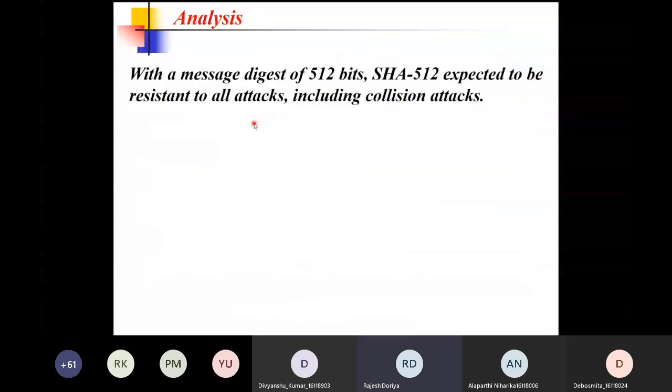So if we try to wrap up the whole thing and analyze the working of SHA-512, we will come to know that it is expected to be resistant to all attacks, including the collision attack. It generates a message digest of 512 bits, and this particular version is an improved design, much more efficient and more secure than all the previous versions.